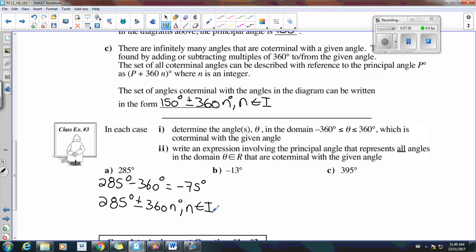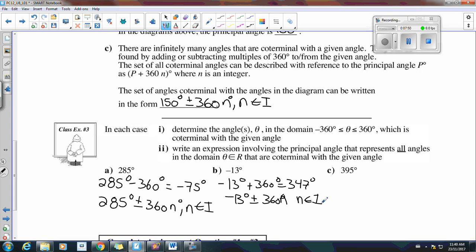So -13, to get a coterminal angle between -360 and 360, in this case we'd have to add 360, which is 347. And to describe all of them, -13 degrees plus or minus 360n, where n is an integer.